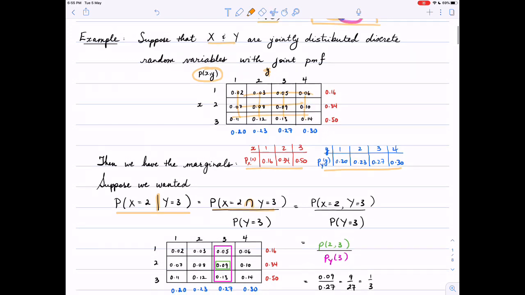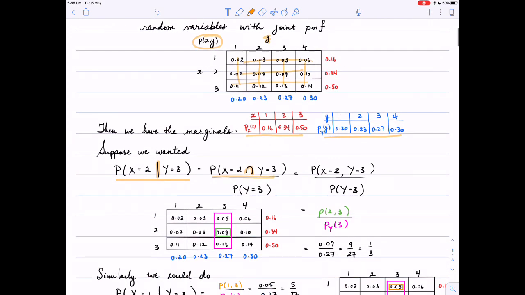Now, if we look at what that means in the table, however, the probability that y equals 3 was y equals 3 here. That means you're concentrating on the column of y equals 3. And the probability that x is equal to 2 within that column is this. So you're restricting yourself to the probability that y equals 3. Incidentally, the probability that y equals 3 is given to us by the marginal, right?